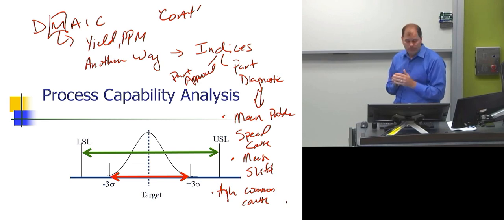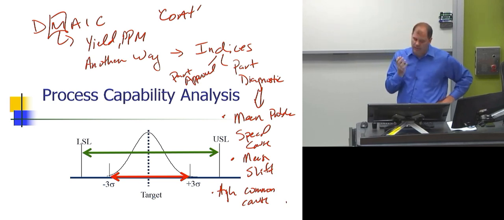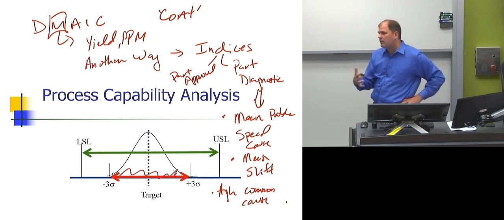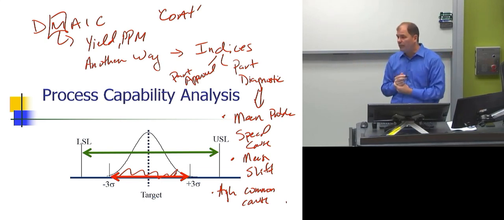The basic idea, though, is I want to make comparisons. For example, if I look at the picture there, I want to be able to say, okay, well, how does the variation compare to the spec limits? In this case that I'm showing you here, the variation of the process is really much less than the specification width, right? That's a good thing.